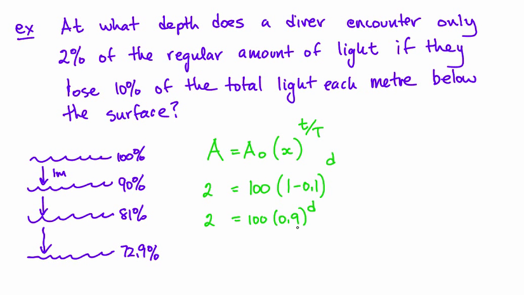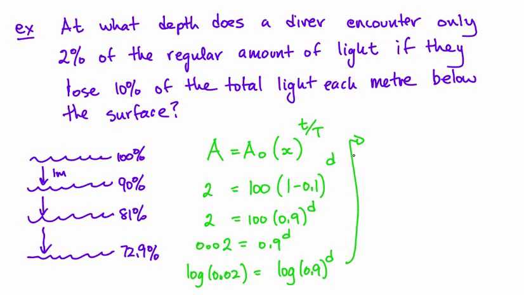So if I divide both sides by 100, I end up with 0.02 is equal to 0.9 to some power. And now I log, and I can log any base I want. So since my calculator can do ln and my calculator can do log base 10, I'm going to use log base 10. So 0.02, and I'm going to log the other side, log 0.9 to the power of d.